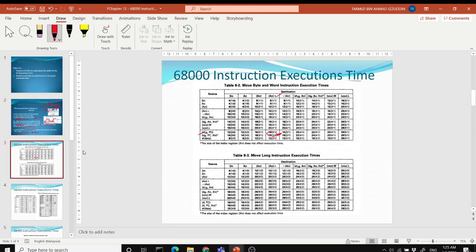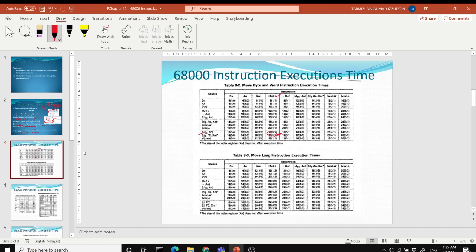So if you see the data sheet, the number of clock periods required differs from instruction to instruction, and the type of data being executed.